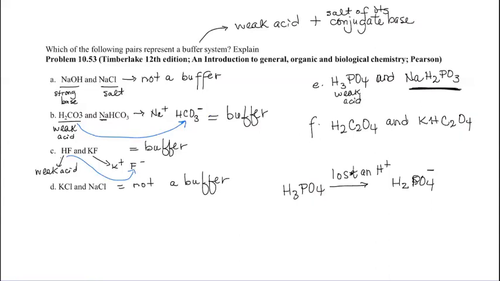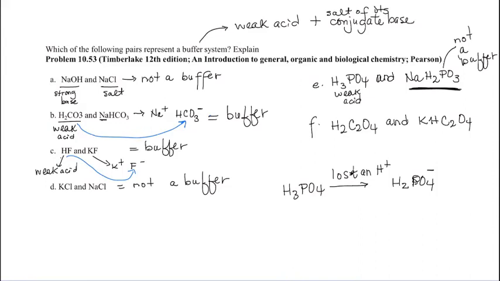Because what I want you guys to click is that if I identify this is the weak acid, I already learned in the beginning of the chapter how to write the chemical formula of its conjugate base. Once I have the chemical formula of its conjugate base, it's going to have sodium, lithium, or potassium in front of it. So I need you guys to be careful when it comes to these. So this is not a buffer.